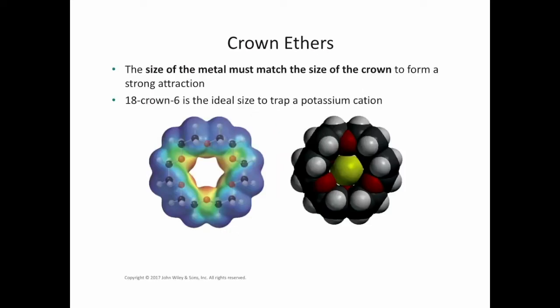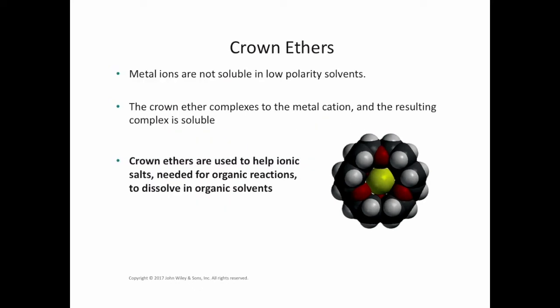The size of the metal must match the size of the crown to form a strong attraction. So 18-crown-6, for example, is the perfect size for the potassium cation. Crown ethers are often used to help solubilize metal ions because metal ions are not soluble in low polarity solvents. However, if you add a crown ether, it complexes with the metal cation, and then the resulting complex is soluble.